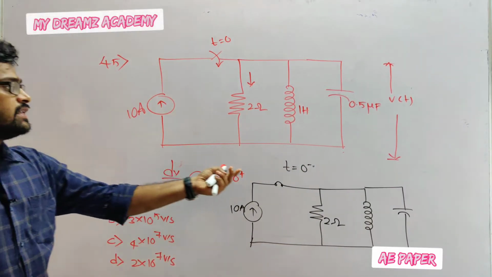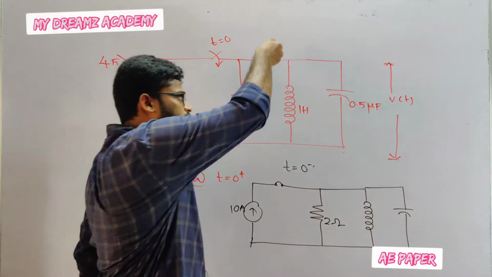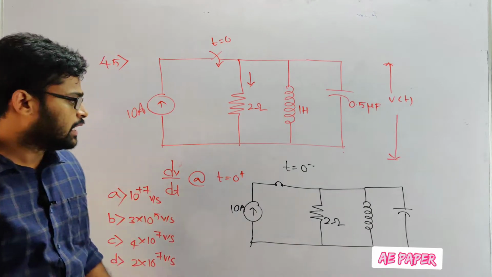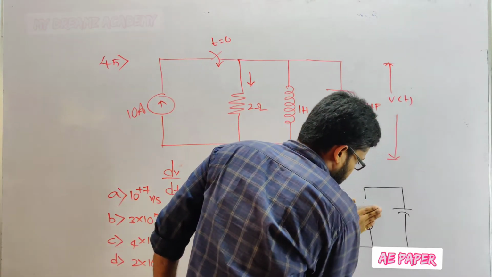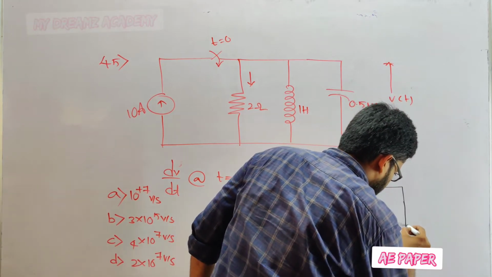At t equals 0 minus, the inductor will be short circuited and the capacitor will be open circuited. At t equals 0 plus, the inductor will be open circuited and the capacitor will be short circuited.